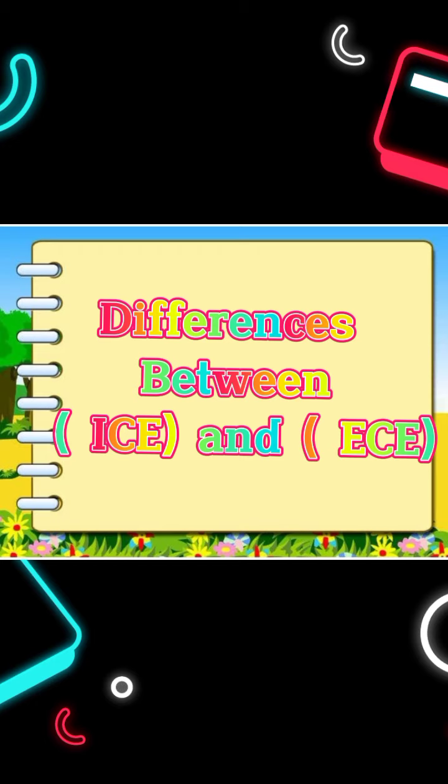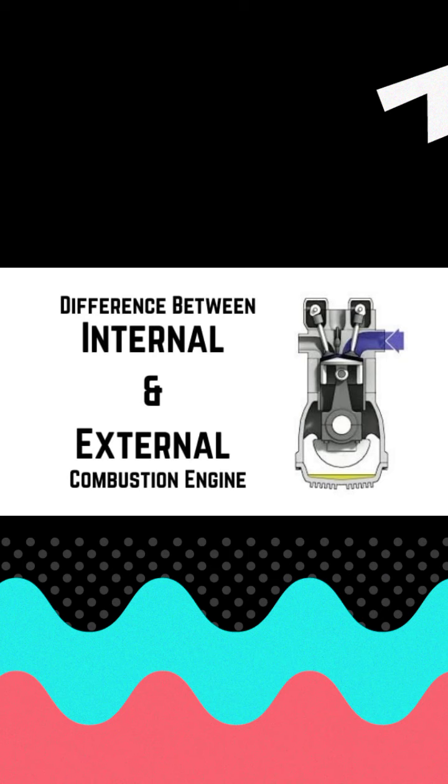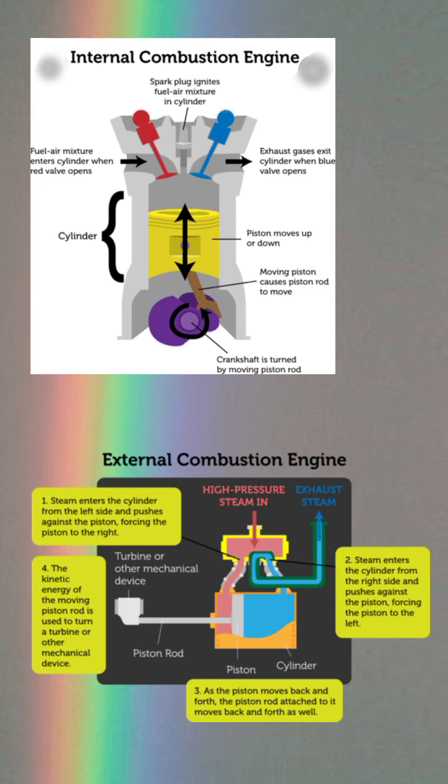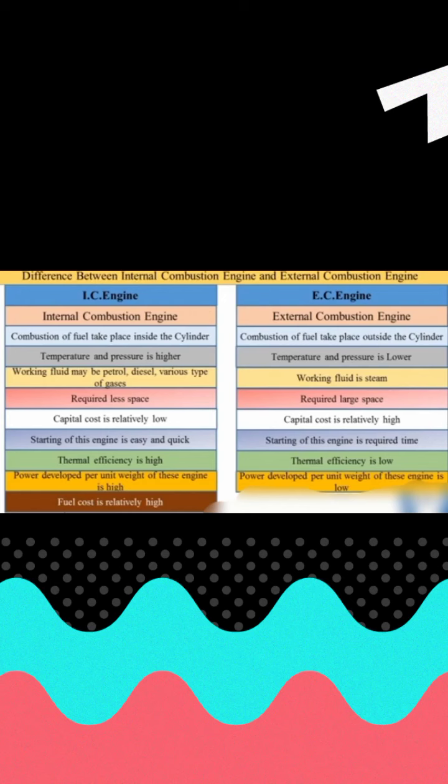To differentiate between the internal and external combustion engine, let's take a look at this picture. To have a deeper understanding of the two, the first column is the internal combustion engine and the other column is the external combustion engine. In the first column, the combustion of fuel takes place inside a cylinder.